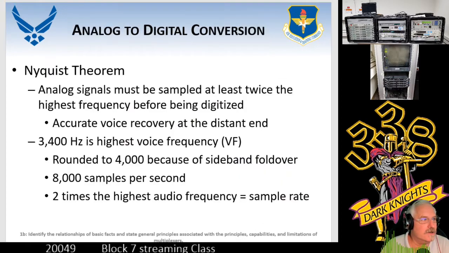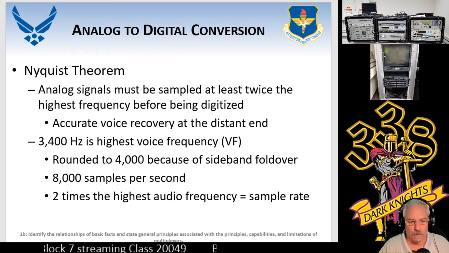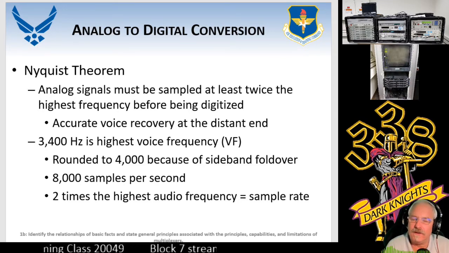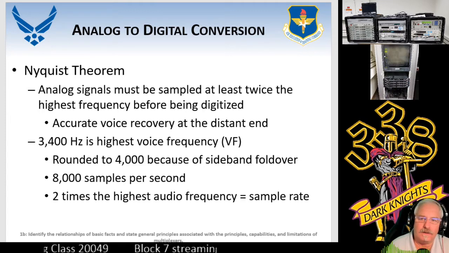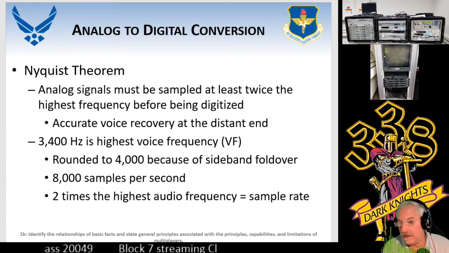So let's transition over to something called analog to digital. Well, analog to digital is one of those devices where we are starting to understand, and this starts back in the late 40s, early 50s, on how we started doing digital information.